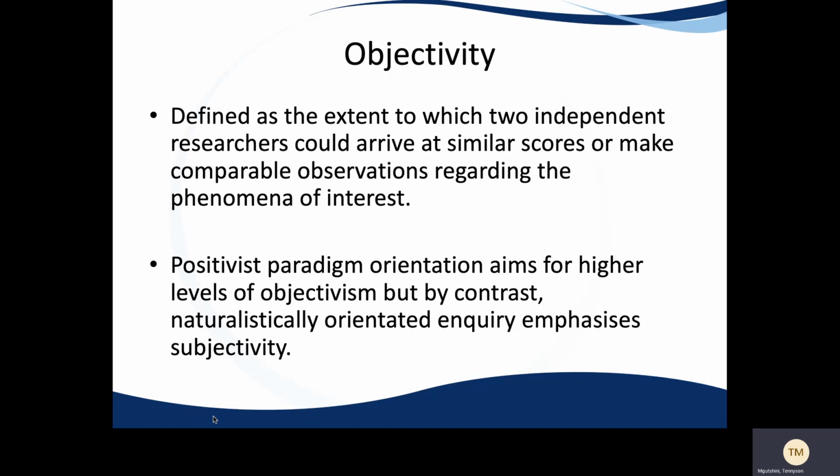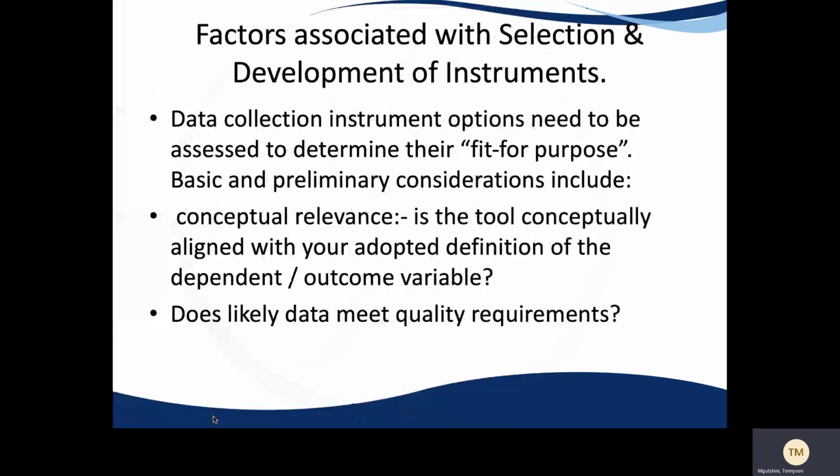So some methodologies, particularly quantitative ones, prioritize objectivity as a key element that they believe shows that they are indeed engaging in a valid piece of work. Whereas, of course, in things that are not positivistic, we aim for higher levels of subjectivity, and objectivism is not exactly a priority within that space.